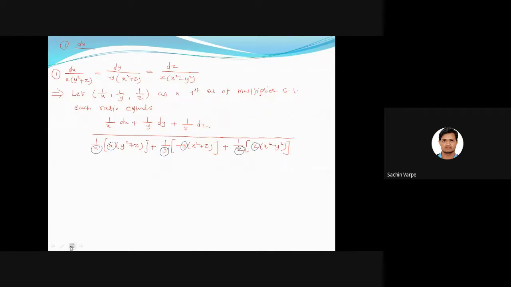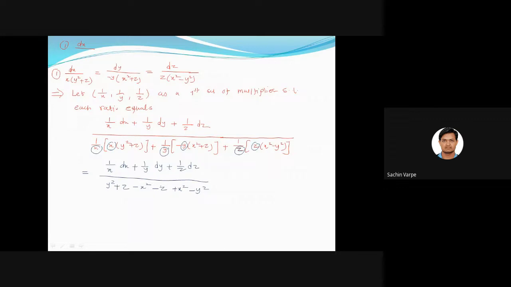So it left 0 denominator. That will give 1 upon x dx plus 1 upon y dy plus 1 upon z dz, upon y square plus z minus x square minus z plus x square minus y square.